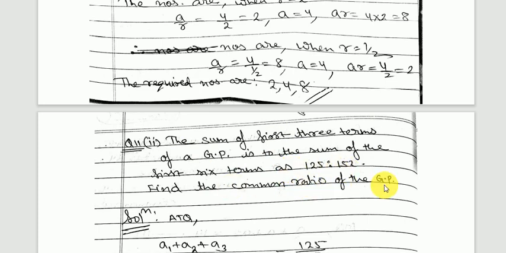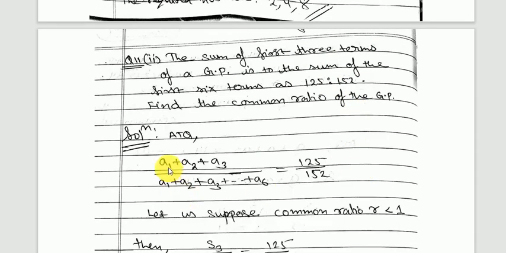Find the common ratio. So that means here it is saying S3 is to S6 is 125 is to 152. According to the question, (A1 plus A2 plus A3) upon (A1 plus A2 plus A3 plus and so on till A6) is 125 upon 152.